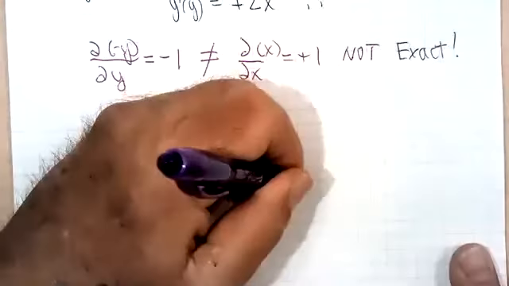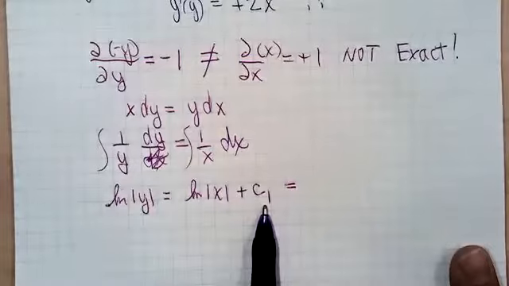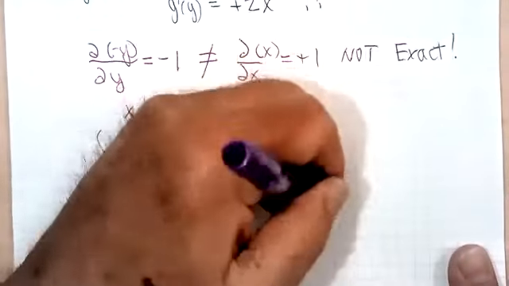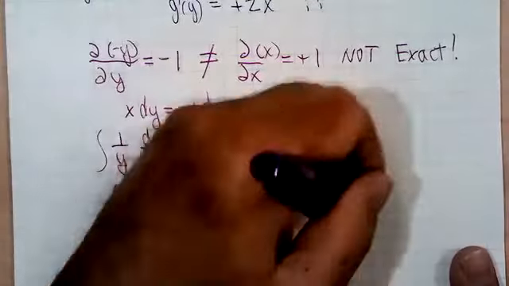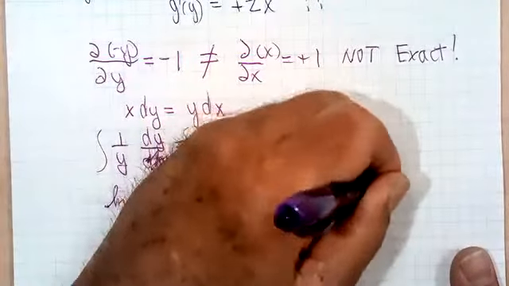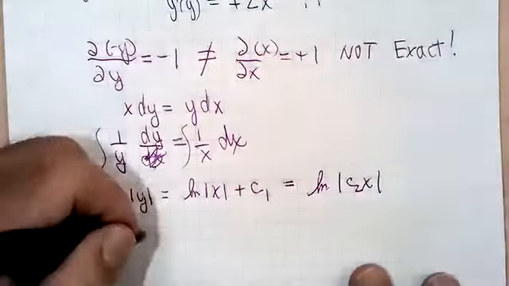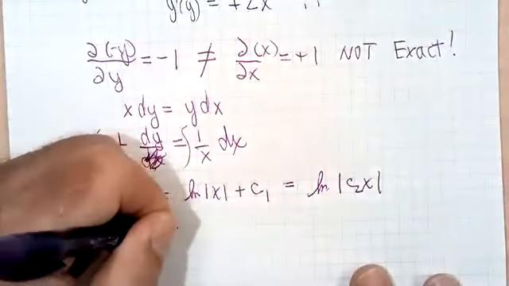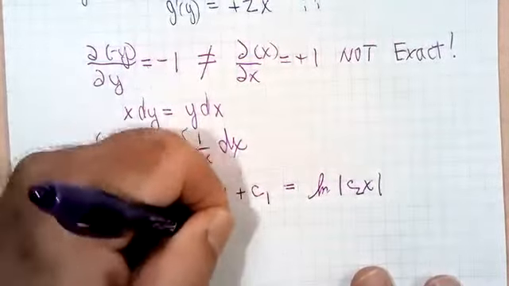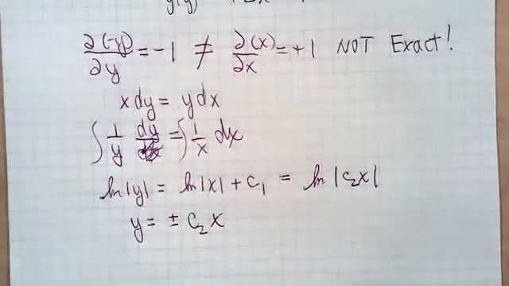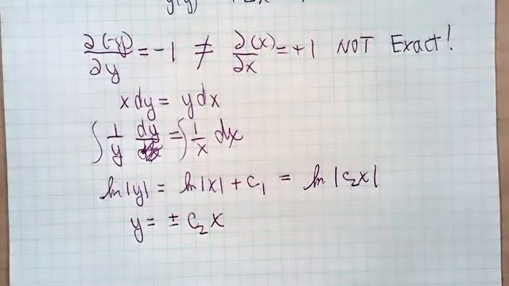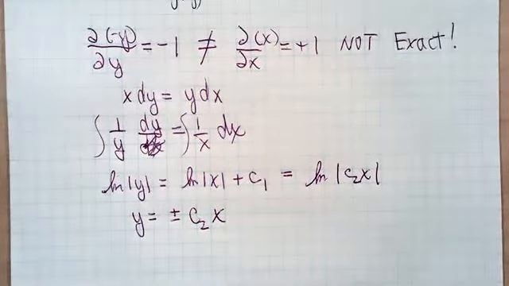And this, by the way, could itself be a log. So that would be the log of some other constant times x, and therefore y equals plus or minus c2 x, and that's the general solution. It's easily obtained from separation.